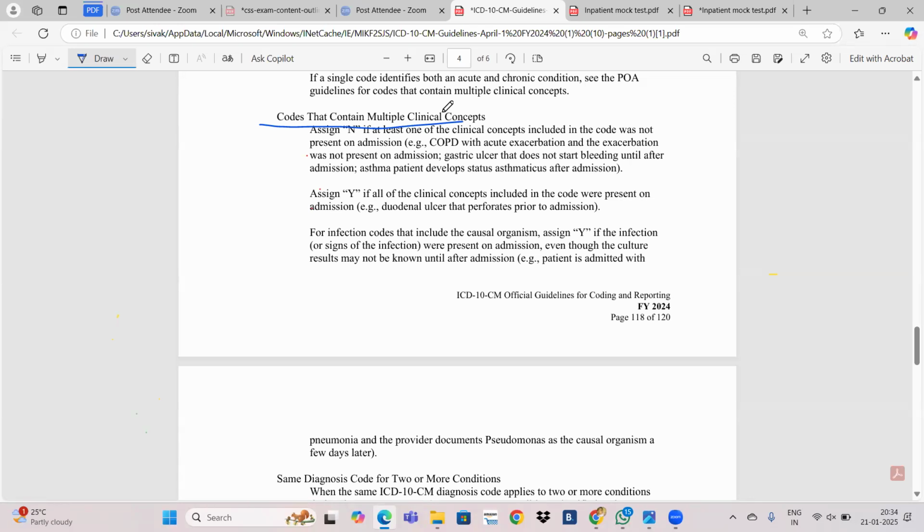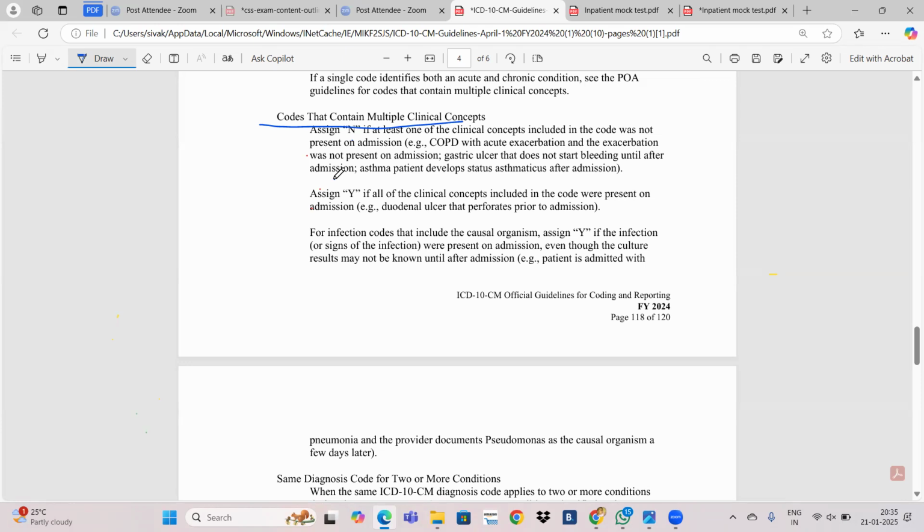COPD with acute exacerbation, and the exacerbation was not present on admission, which means the patient came with COPD and after admitting it was exacerbated. What indicator do you assign? N. Gastric ulcer that does not start bleeding until after admission.